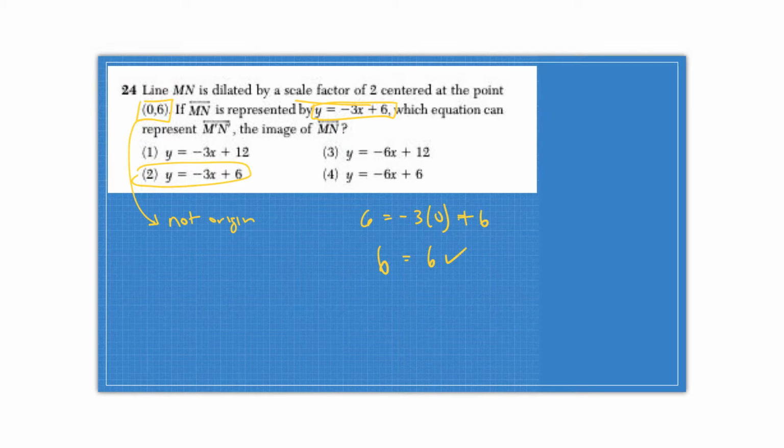That's not surprising, because if you look at the equation, it's in mx plus b form, and they tell us that the y-intercept is 6. So this would be the y-intercept. And the rule is that anytime the point of dilation is on the line, the equation always stays the same. That's why we picked choice 2.